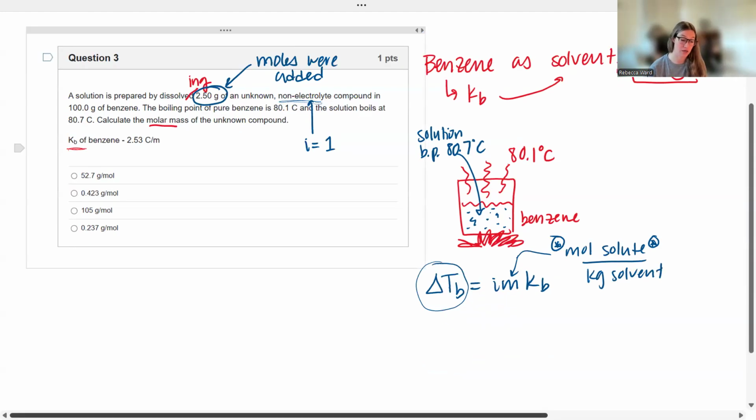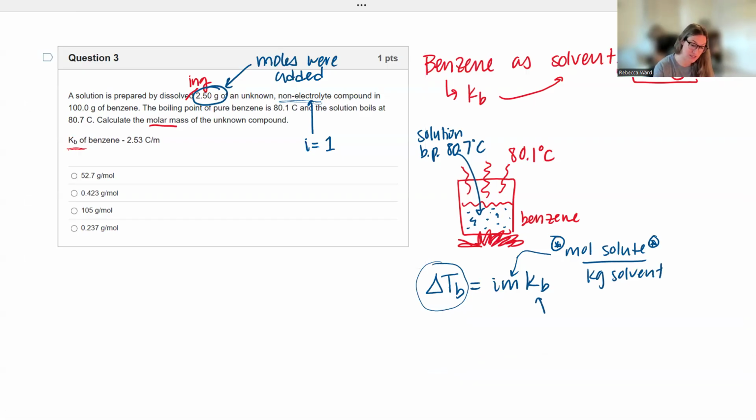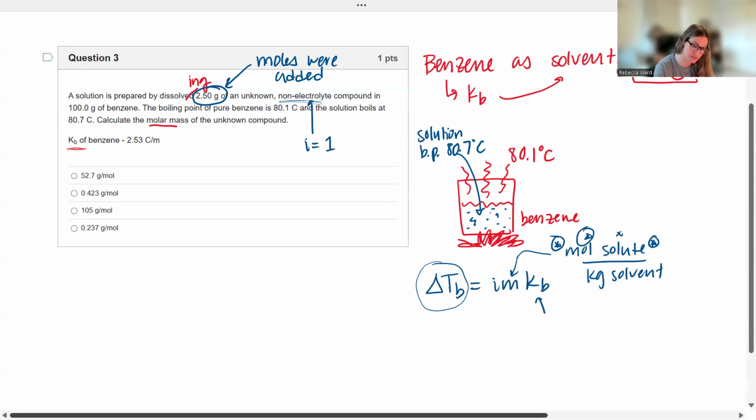We don't know the molality, but we do know the Kb. And what we're trying to get to is this. So let's start by solving for molality. Molality will equal our delta Tb divided by i Kb. Let's move it over.